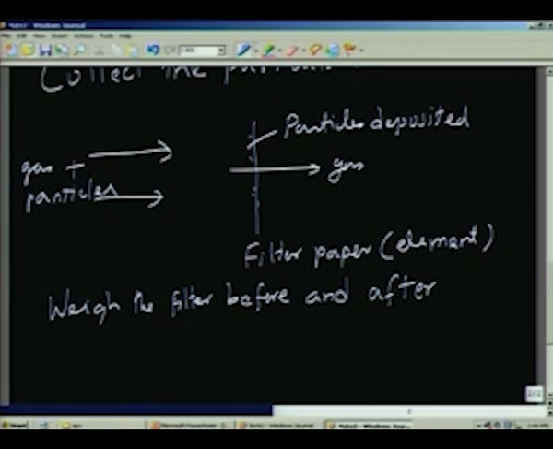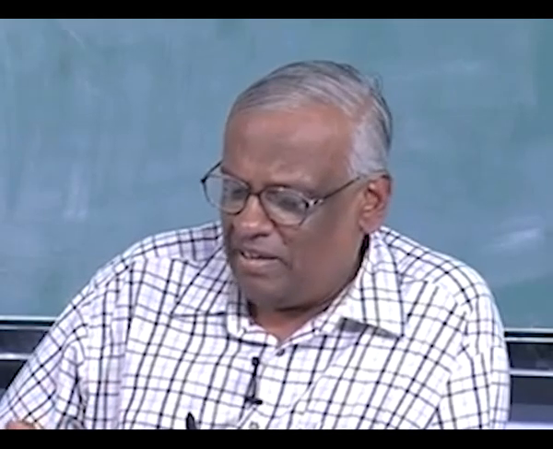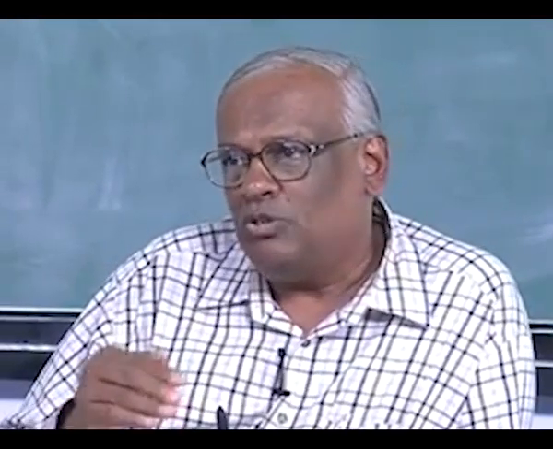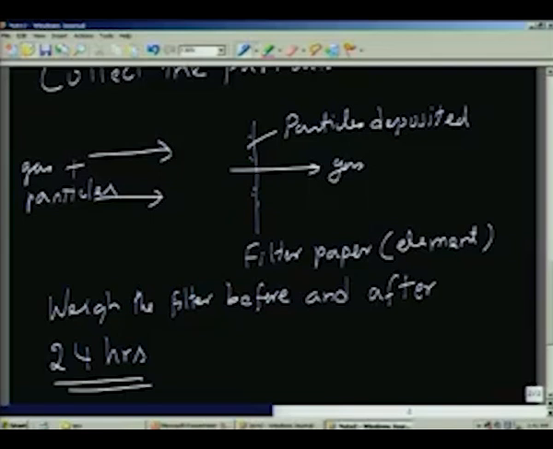For example, in typical cases it may be about 24 hours. So, you collect the material for about 24 hours, having weighed the filter element at the start, and after enough material is collected, we can weigh it, and then find out how much of the gas has passed through the system. So, in 24 hours, what is the total volume flow?